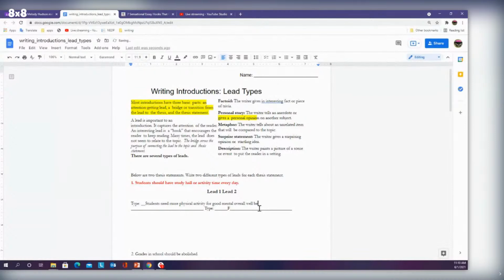Try not to be repetitive. And this is studies show. I would put that: studies show students need more physical activity for good mental and overall well being.